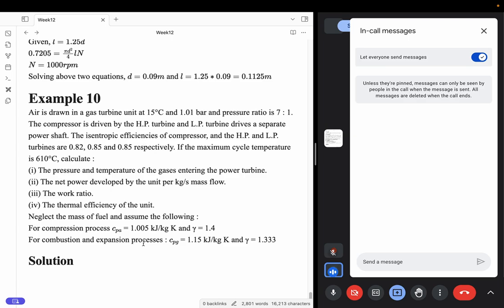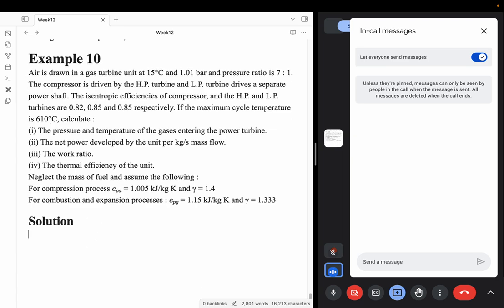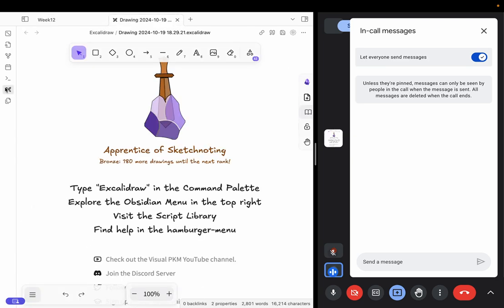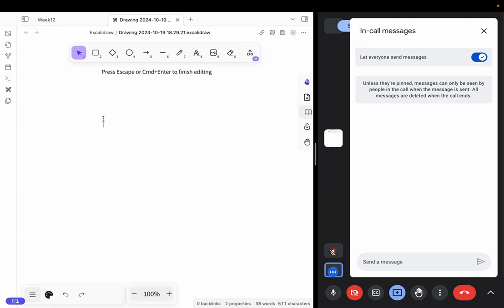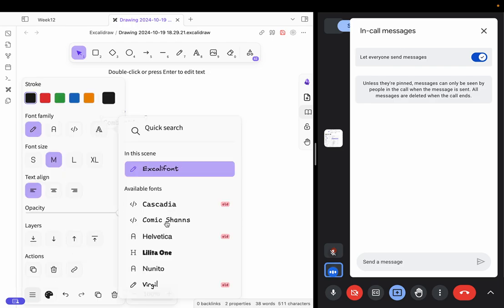So what do I have here? Let us again draw the schematic first. If I want to draw it in a schematic, what are the different processes I'm having? I have a combustion chamber, or this is basically your boiler in the case of your Rankine cycle.